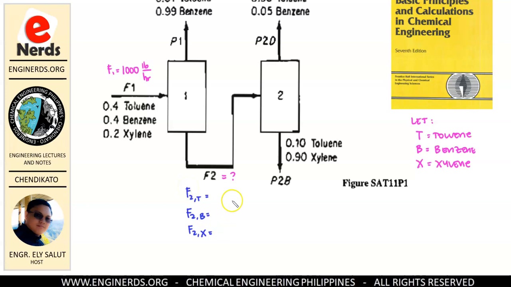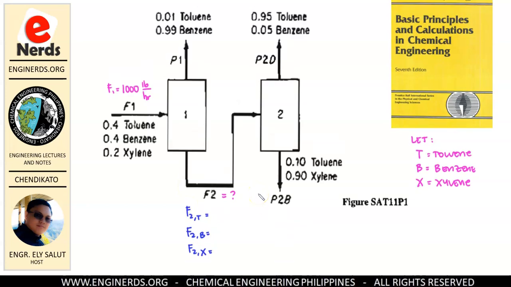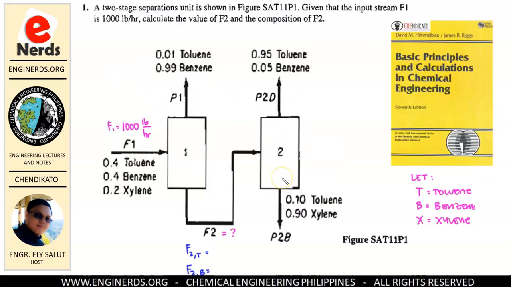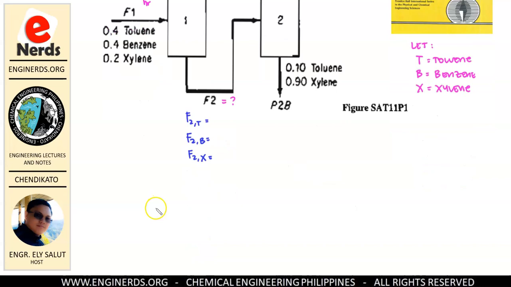So, yan yung mga kailangan nating makuha, no? So, as you can see, given lahat ng components ng ating mga exit streams and enter stream. So, ang kailangan lang natin makuha is itong component ng ating F2, which is the stream between our unit 1 and unit 2. Okay, so let us start our calculation.